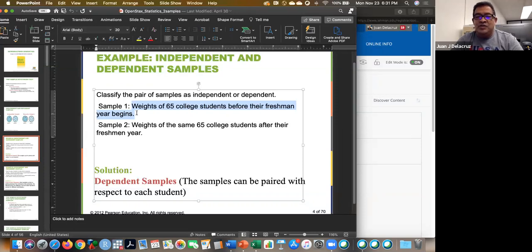Basically, that is going to be a dependent sample, because the samples can be paired with respect to each student. We have the before and the after. That's very important, because the elements in sample 1 are exactly the same as the elements in sample 2.